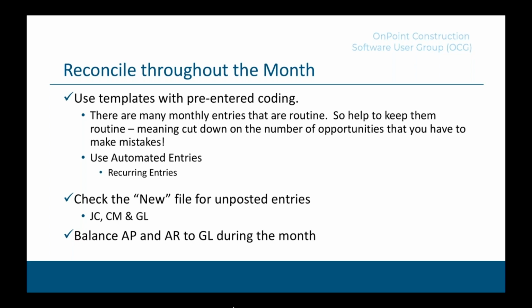So if you're trying to tie job cost to GL and it's posted in job cost, but it's not posted in general ledger, then you'll never get the two to balance because of those unposted entries. And then at any time you could balance AP and AR to the GL during the month, just to make sure that it's reconciling.